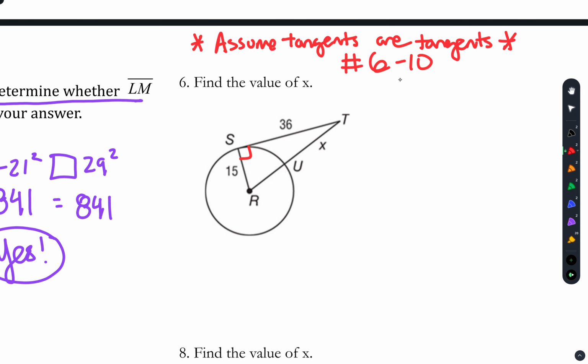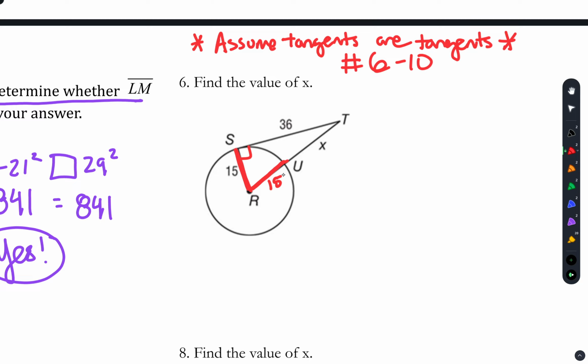Well, I need to first fill in. They love these. If this radius is 15, I also see another radius in my circle that is also 15. We see this RU right here. Any radius in a circle is the same as any other radius in the same circle. So if the radius is 15, no matter where I put that radius, it's also 15.